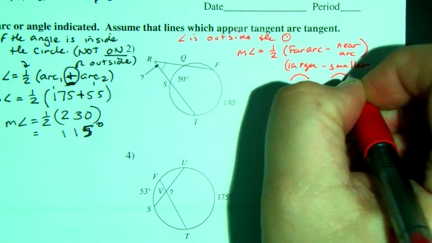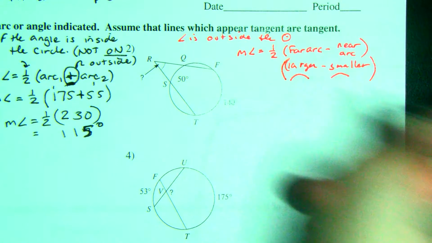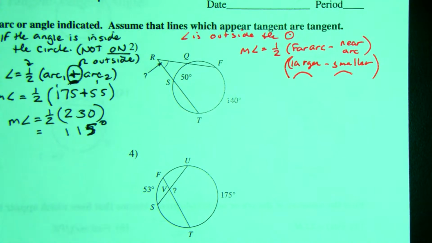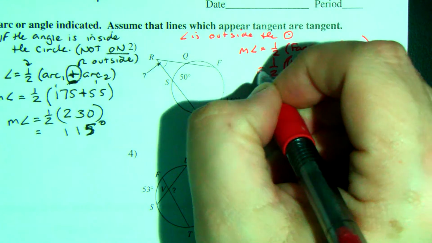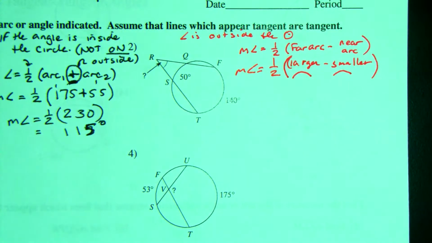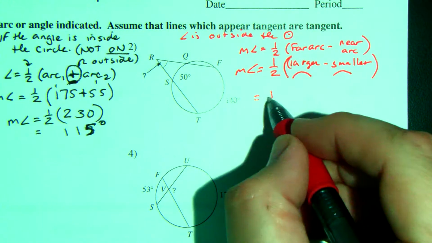Makes it look like frowny faces. But you can think of it as 1/2 the larger arc minus the smaller arc. So it would be 1/2, what's the larger arc?